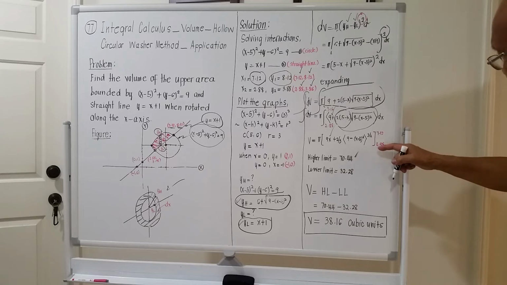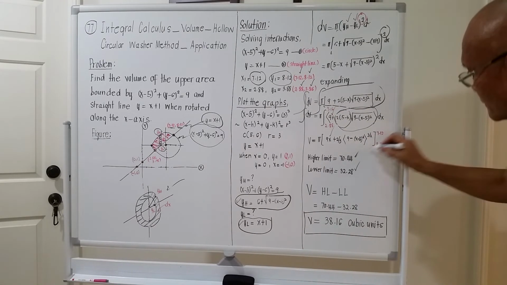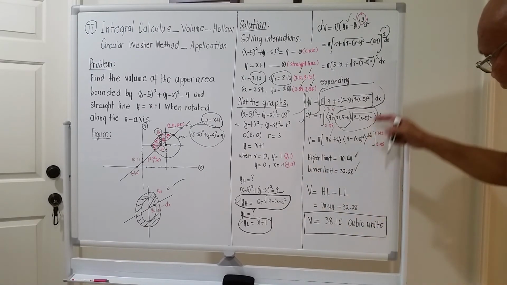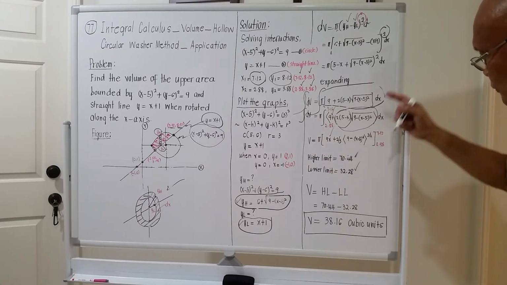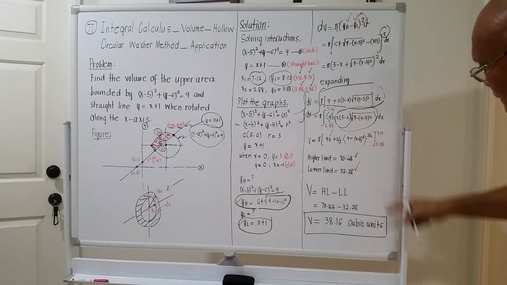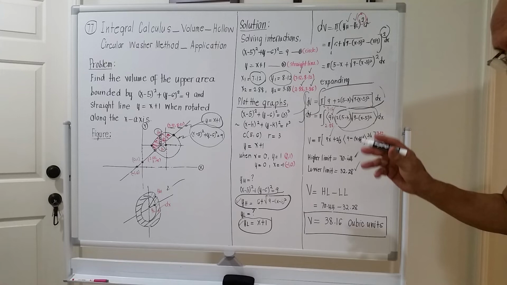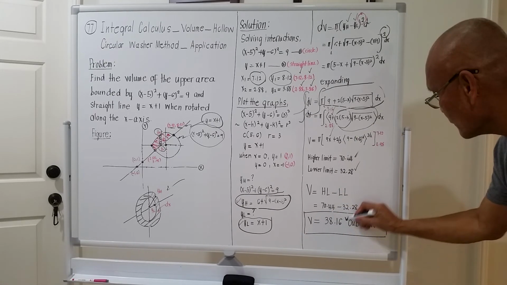And if we place the lower limit 2.88 back here, what will come out is 32.28. The volume will be the higher limit value minus the lower limit value, 70.44 minus 32.28. The volume is 38.16 cubic units.